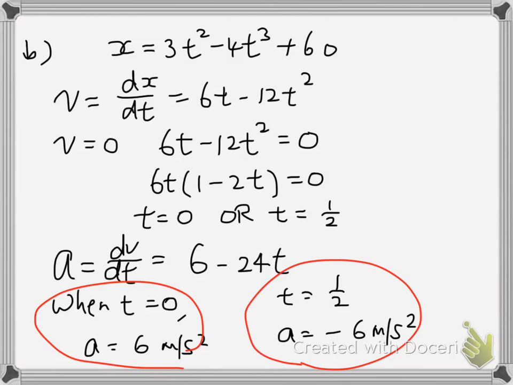So if it is decelerating, there must be at some time that the velocity will become 0. That's how you got this number, because you say the velocity is 0. Why does the velocity become 0 then? There is only one reason that the velocity becomes 0, because it wants to change its direction.